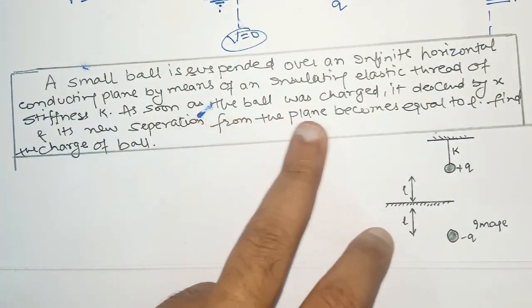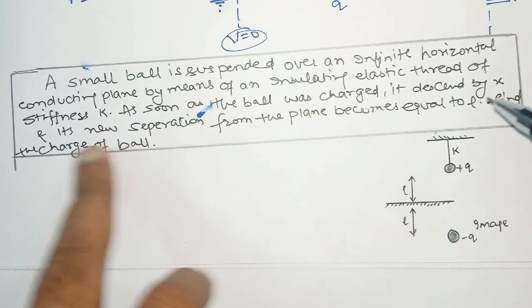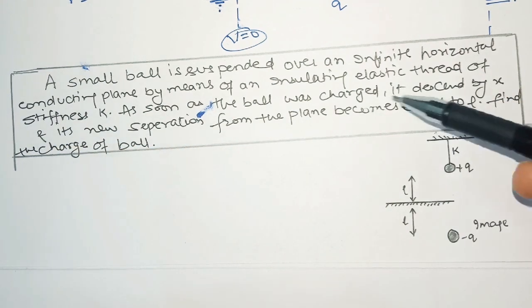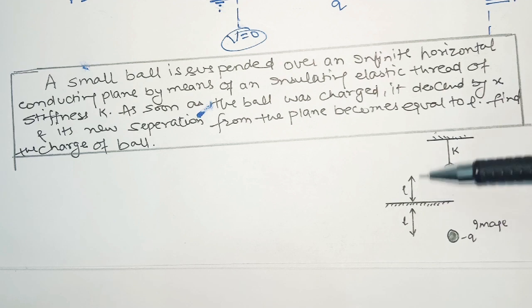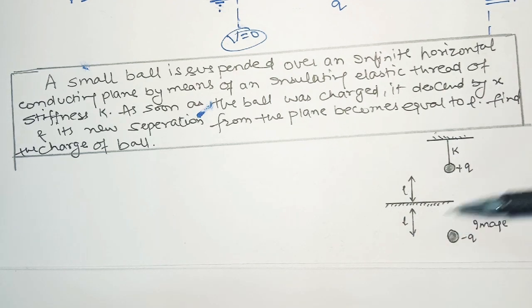As soon as the ball is charged, it descends by distance x, and the new separation from the plane becomes equal to L. Now this is the image diagram of this particular charged ball: if it has charge plus q, then the image has charge minus q.